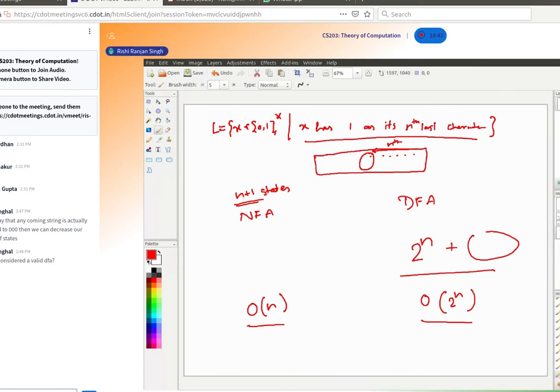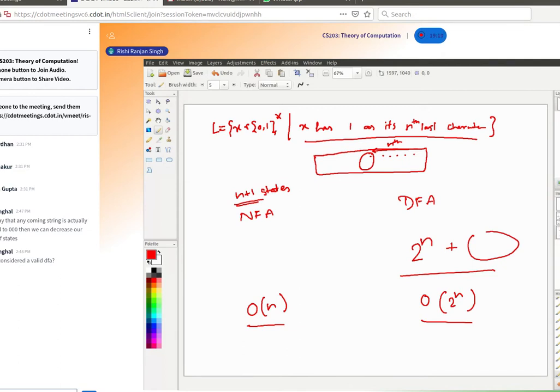Now, anyone, can you say yes or no? Definitely you should be able to think about that. Can we do better than order of 2 to the power n in this case? So for example, with that 3 thing, we designed a DFA. Everyone might have designed a different DFA, right? And I always told you, when I give you a language, everyone can design their own machine.